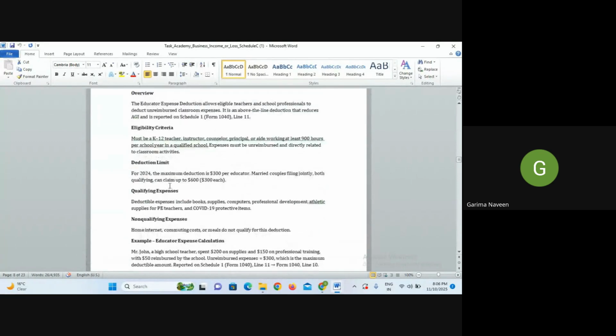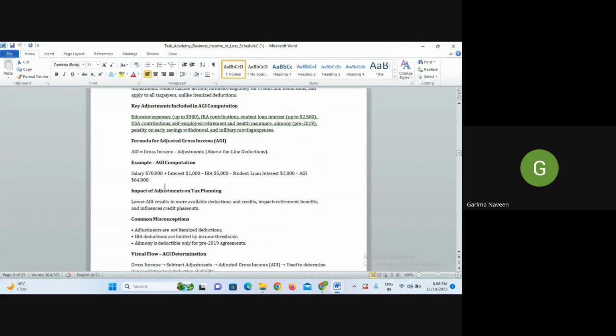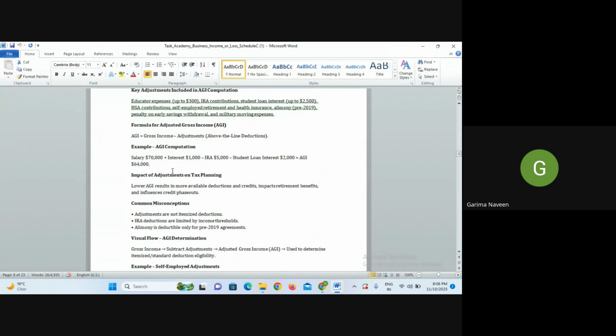Then we discussed some adjustments to the gross income, which include adjustments related to a penalty. Like if you have some savings and you are withdrawing it before time and you have paid a penalty on that withdrawal, then this penalty you can take as a deduction from your gross income.